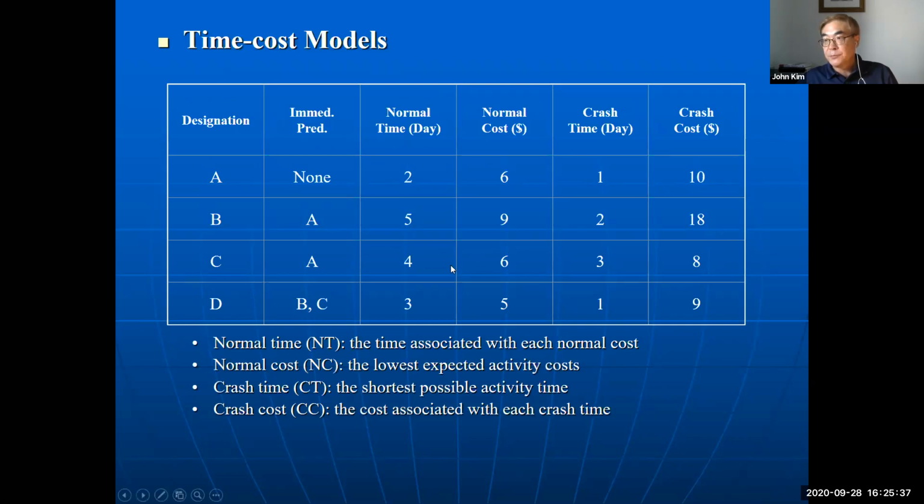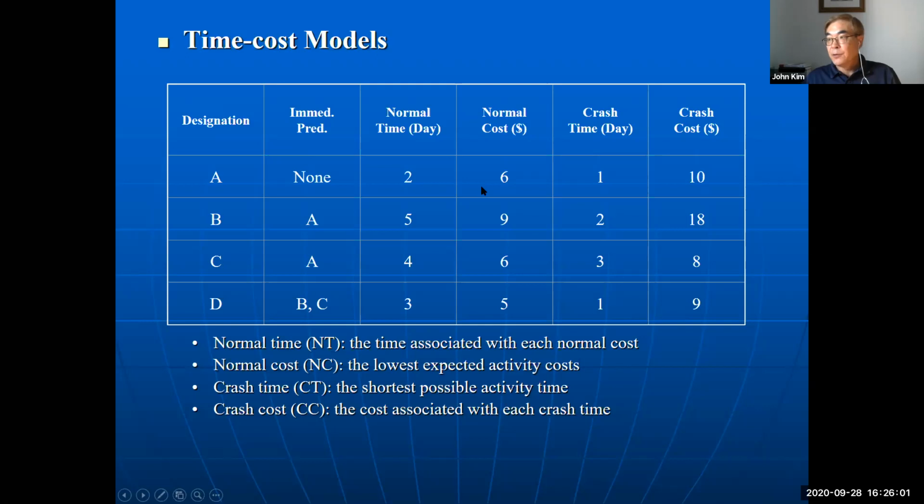So here, if there are 4 activities and then immediate predecessors, normal time, normally using normal capacity, then completion time is the normal time.